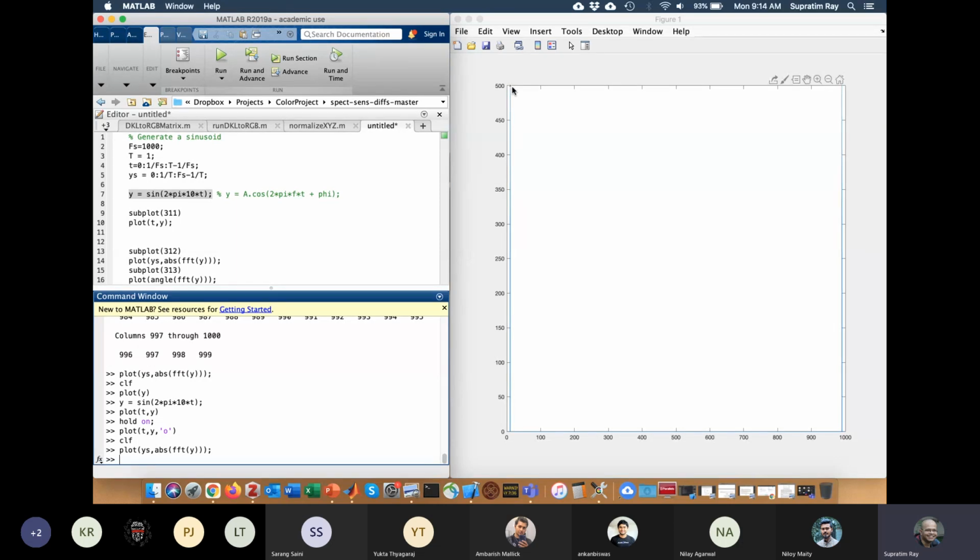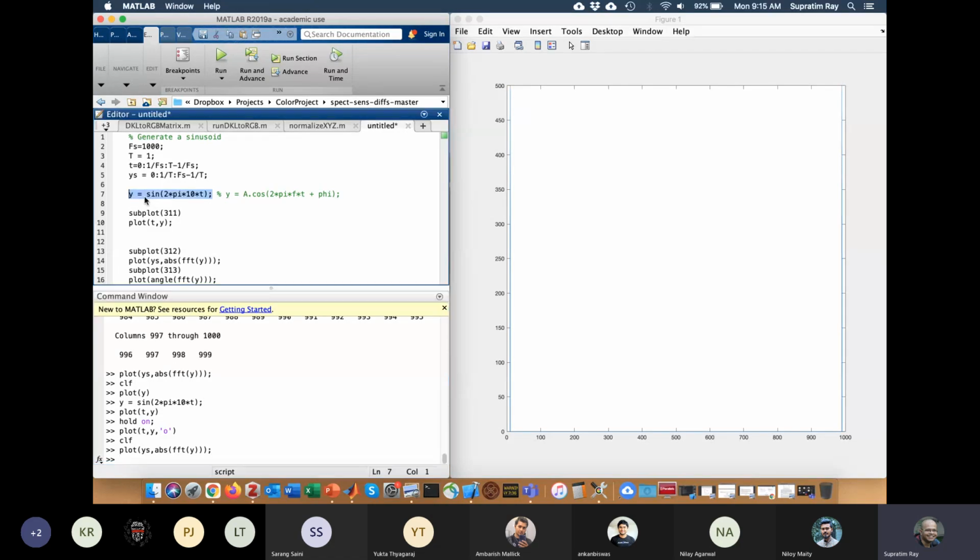What's the amplitude in this? It's coming out as 500. So the amplitude here is 1, the amplitude here is 500. Do you see what the relationship is between the two?